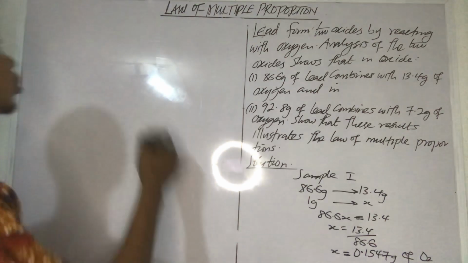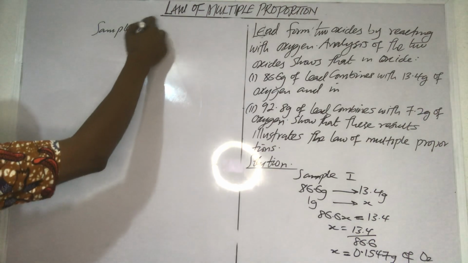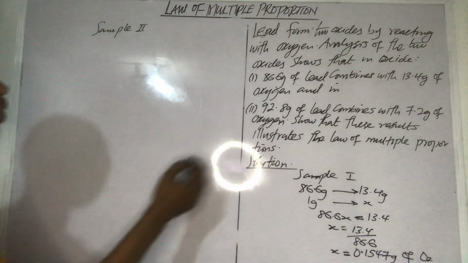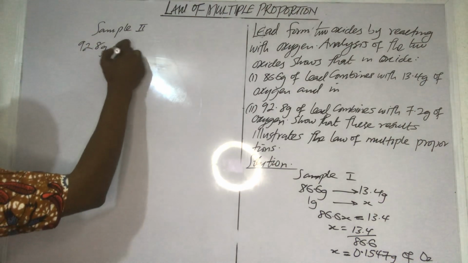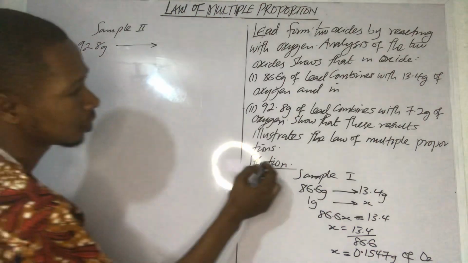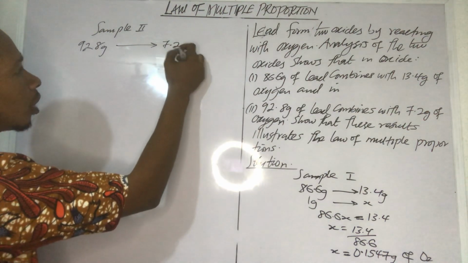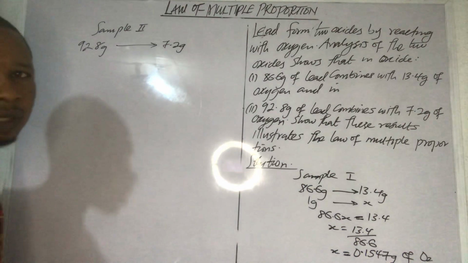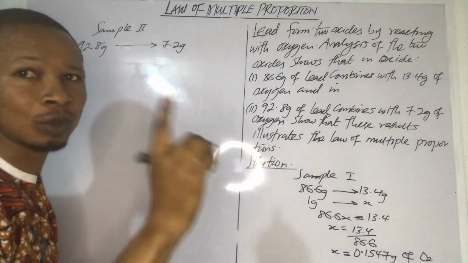Now in sample 2, 92.8 gram of lead combines with 7.2 gram of oxygen. Then what mass of oxygen will 1 gram of lead combine with?